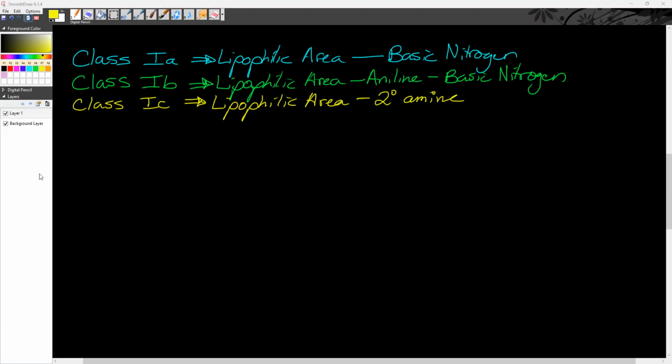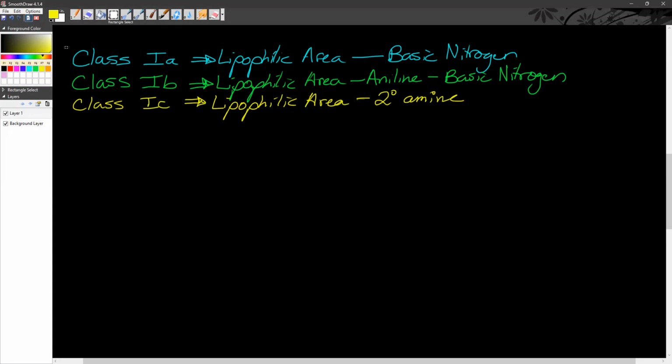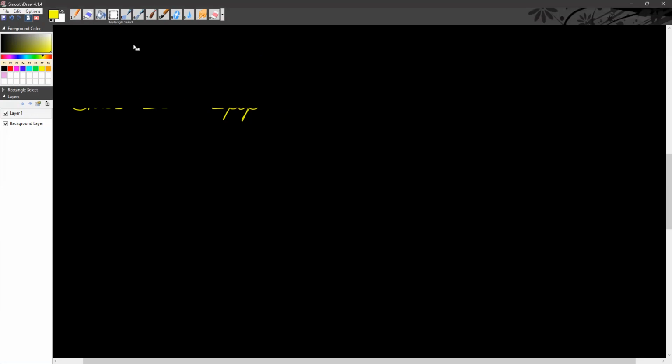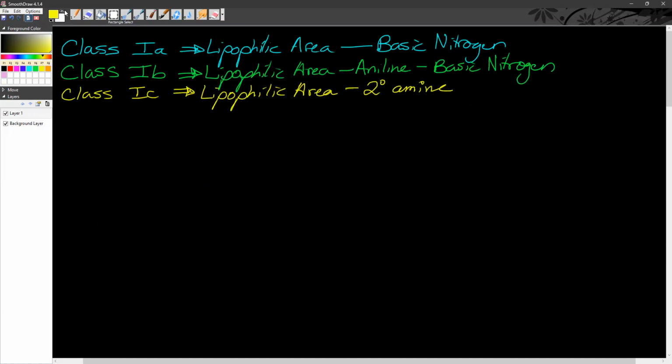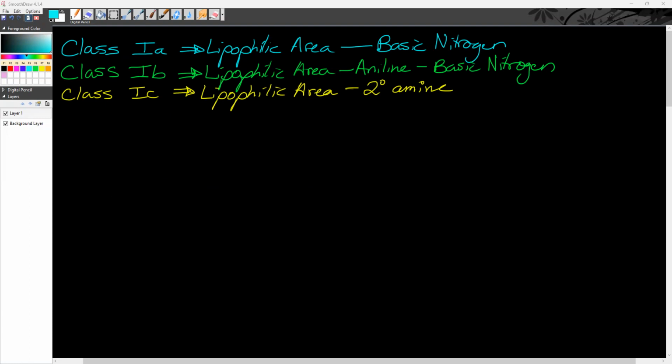When we look at class 1A, we need to move this. When we look for anything in class 1, what we are looking for is a pretty significant lipophilic area, which means at least a benzene ring. And then we're looking for a 3 or 4 carbon spacer between the nitrogen in the structure.